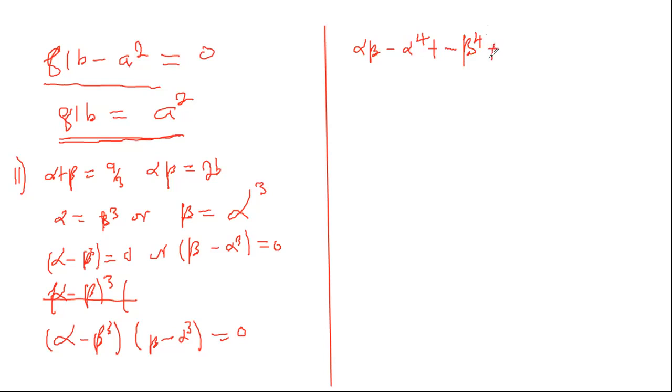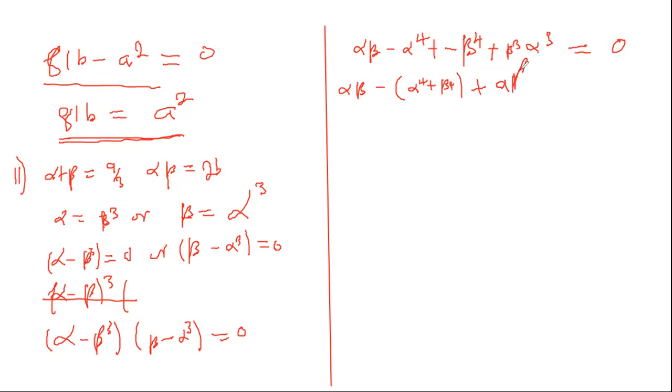Then we add beta cubed alpha cubed, and we put this to 0. Then on factorizing out this, we shall have alpha beta minus alpha to power 4 plus beta to power 4, then plus alpha beta.